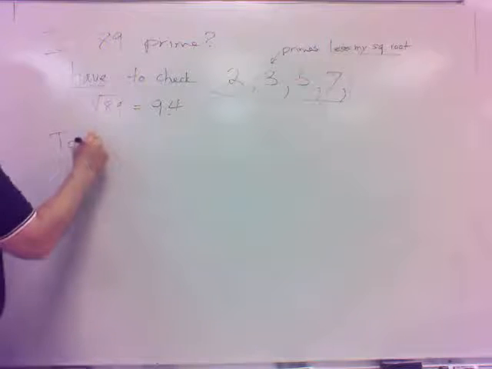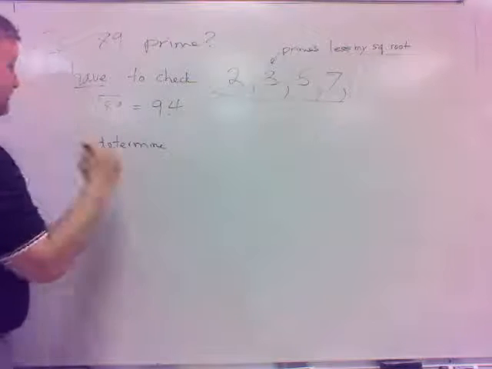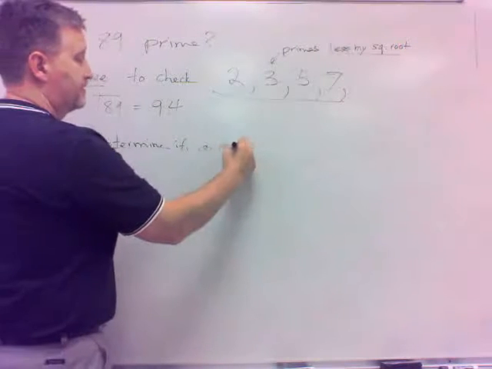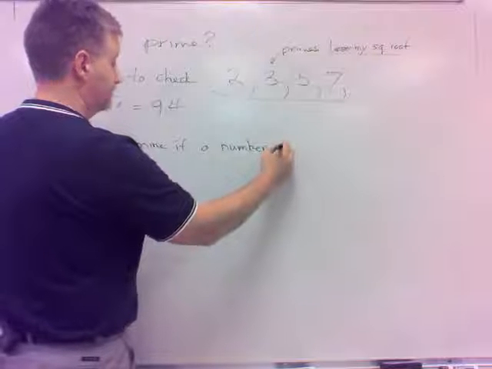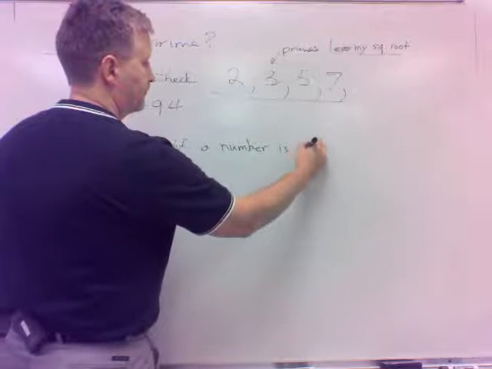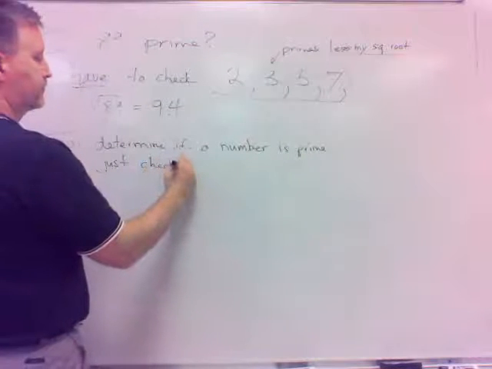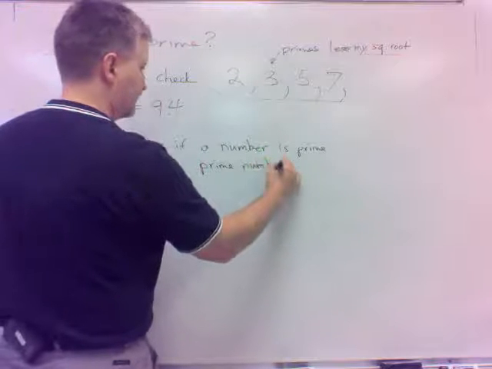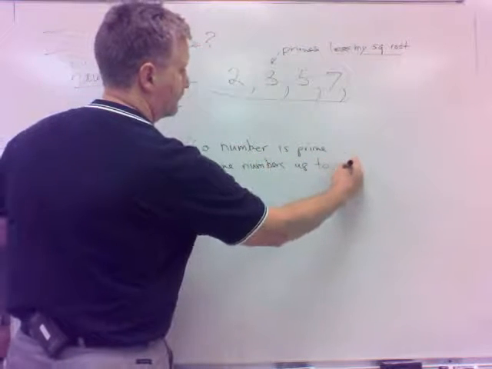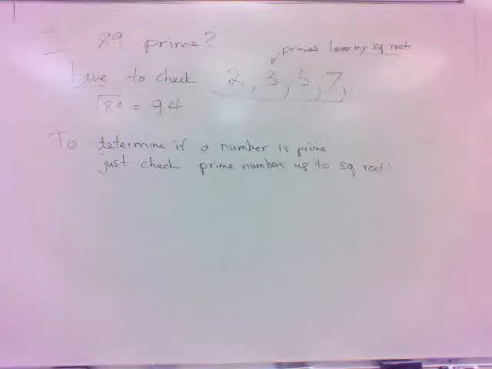To determine if a number is prime, just check the prime numbers up to the square root. Okay. That's all you have to check for primeness.